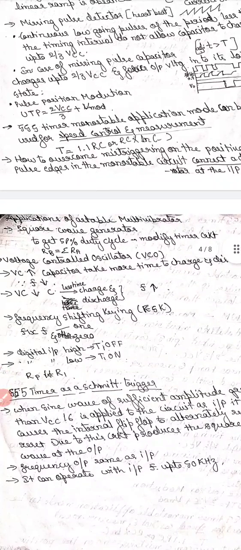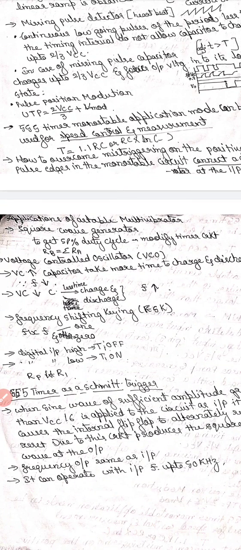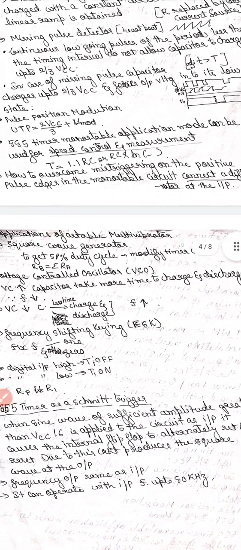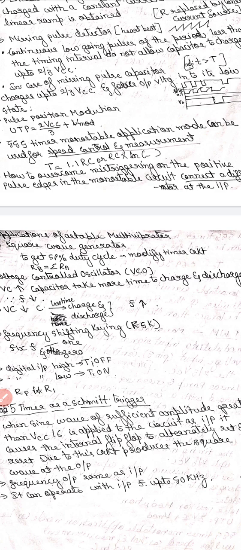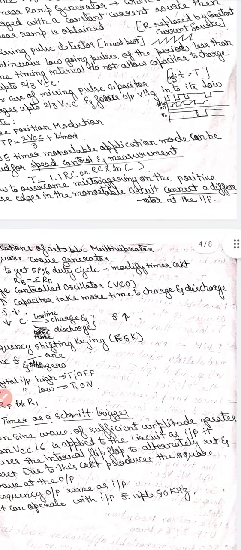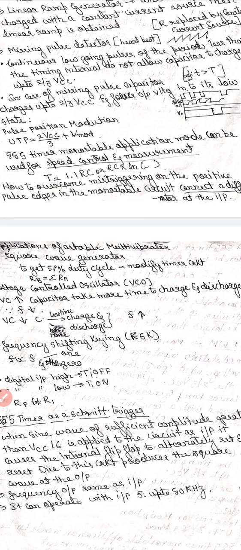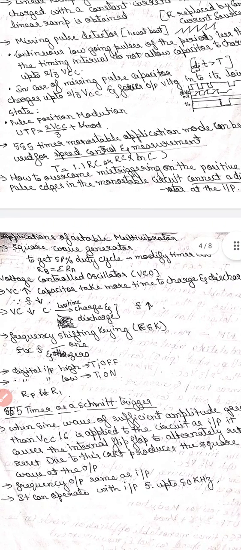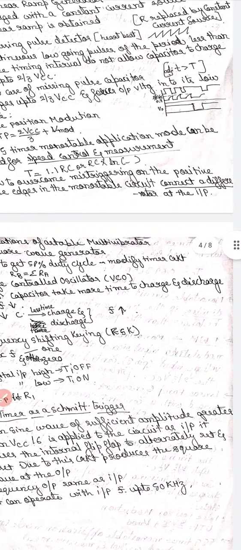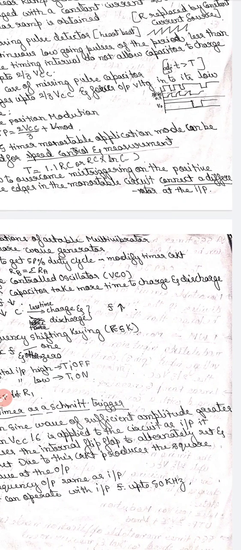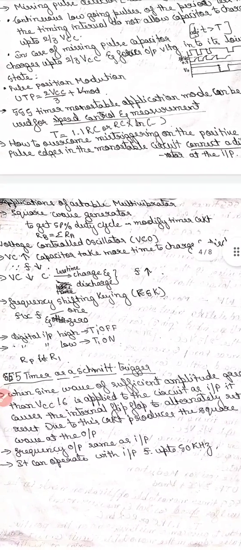And next is how to overcome mistriggering on the positive pulse edges in the monostable circuit: by connecting a differentiator at the input.